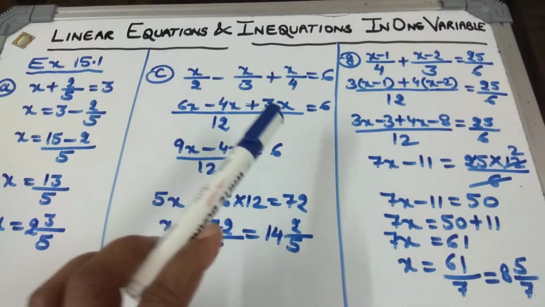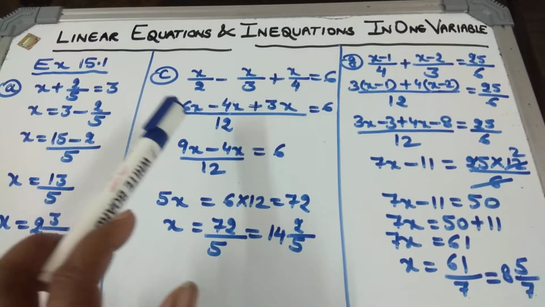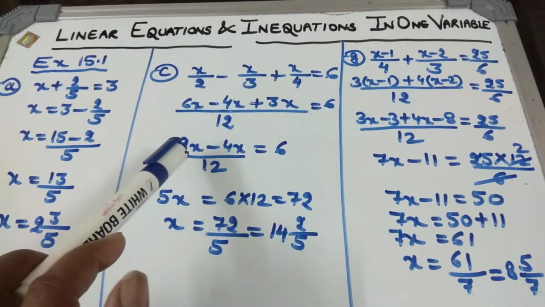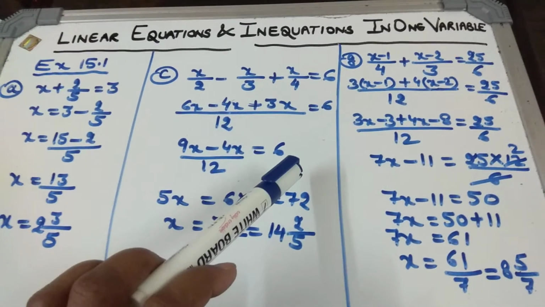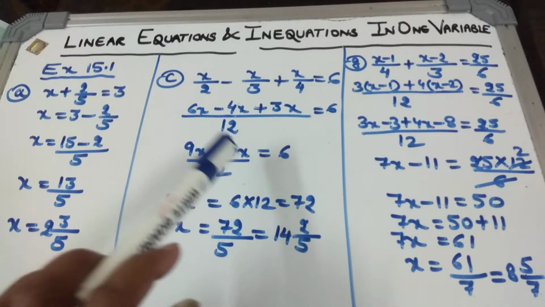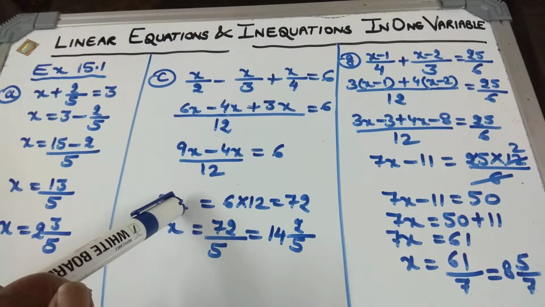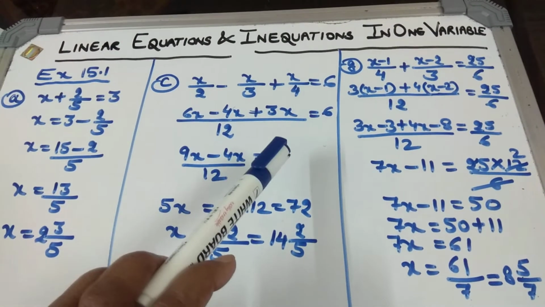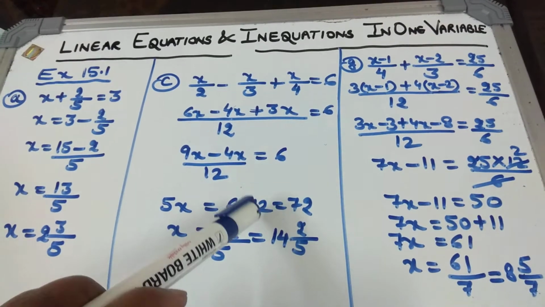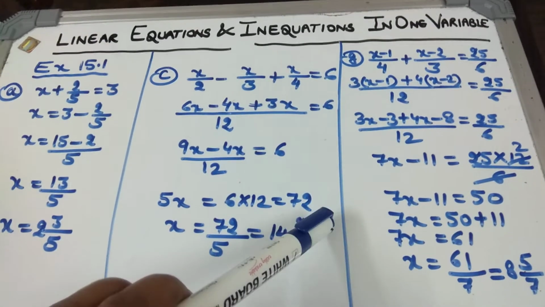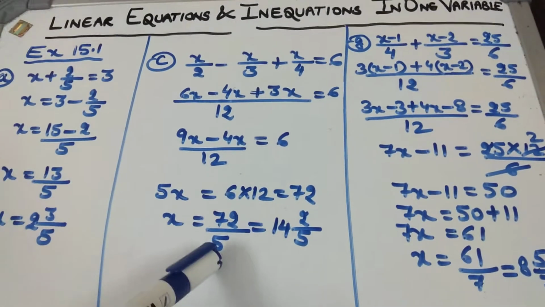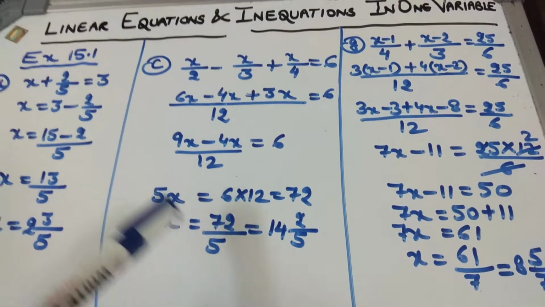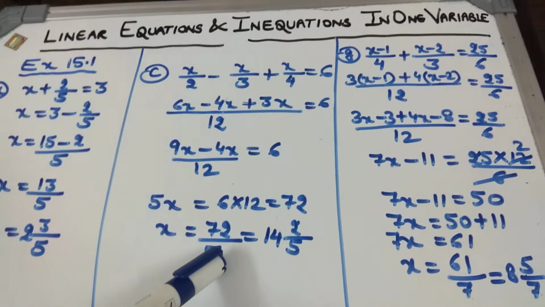Now 6 plus 3 equals 9, positive numbers to be added together, minus 4x upon 12 equals 6. Solve the numerator, you get 5x upon 12 equals 6, and you can take 12 to this side, it becomes multiplication and hence 72. x equals 72 upon 5. When 5 comes from here, it will go in division.